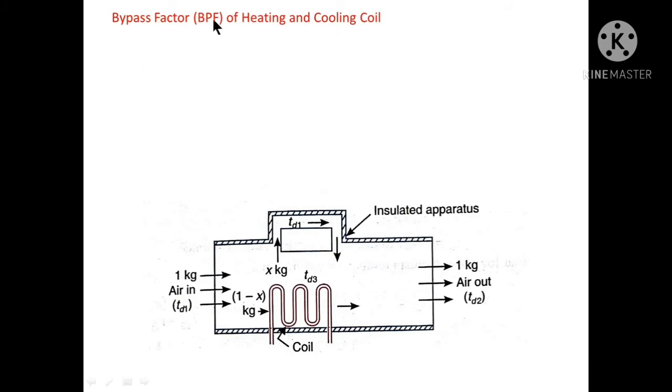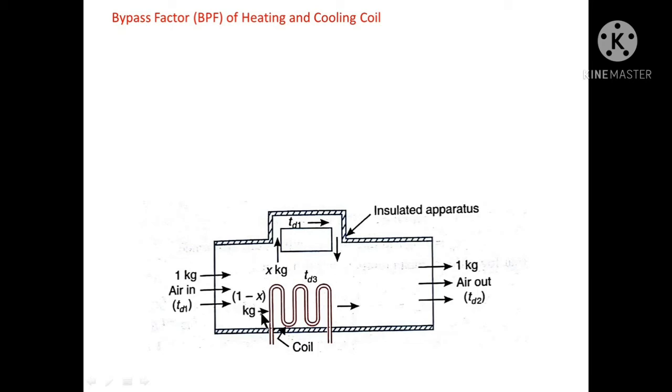Now here we can see a new term, the bypass factor of heating and cooling coil. The arrangement of the heating or cooling coil is as shown in the figure. A heating coil is placed in an insulated duct over which 1 kg of air is passed. From that, x kg of air gets bypassed, meaning without coming in direct contact with the heating coil.